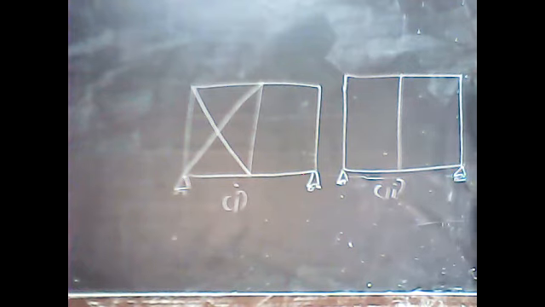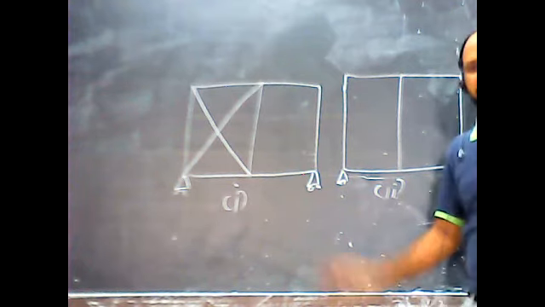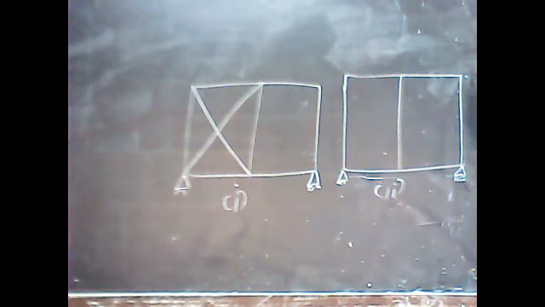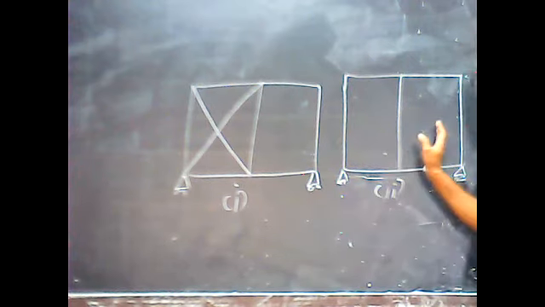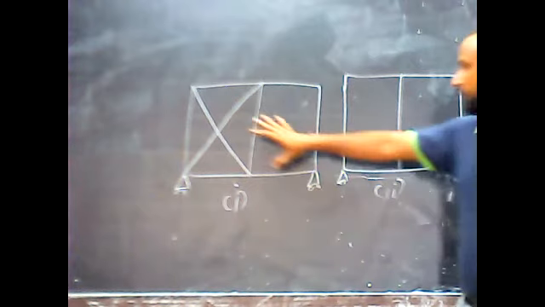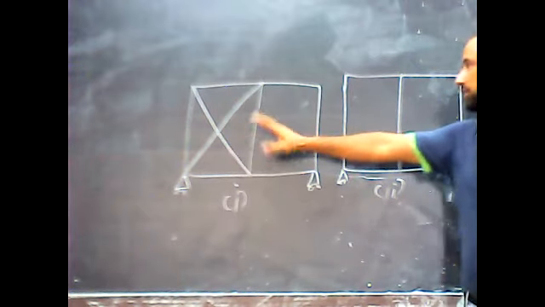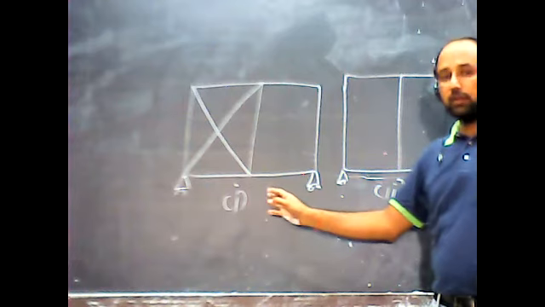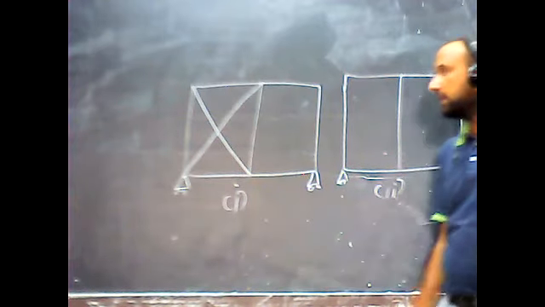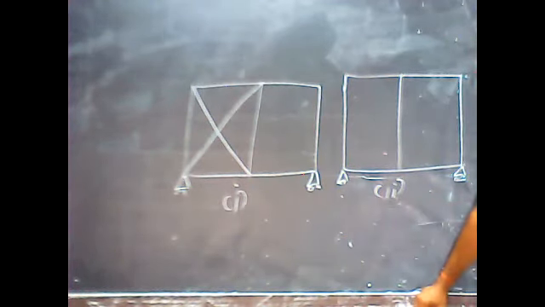Indeterminacy is not the part. We are calculating stability first, then we will go to determinacy and how to calculate indeterminacy of the structure. There are two examples given to you. You have to check which one is deficient and which is overstiff, and let me know how to calculate those values.